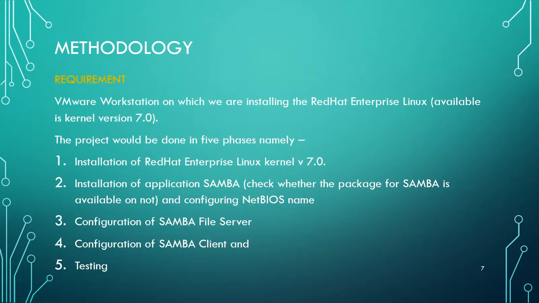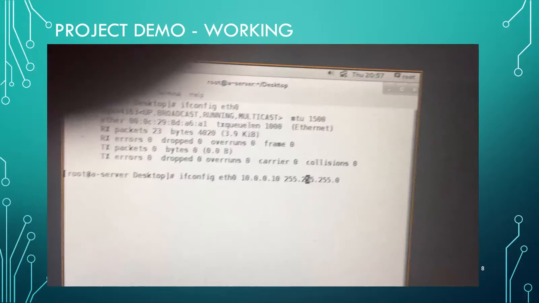We need the package for SAMBA. If it's not available, you can get it online once you have Red Hat Enterprise Linux version 7 installed. First you configure the SAMBA file server, then you configure the SAMBA client, which can be a Windows or a Linux, and then you test it.